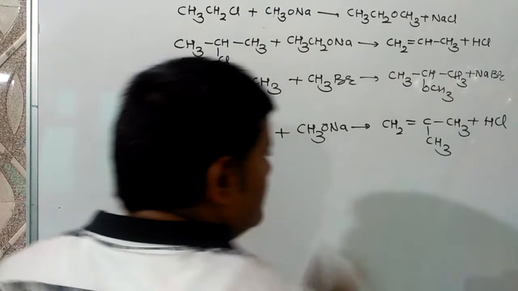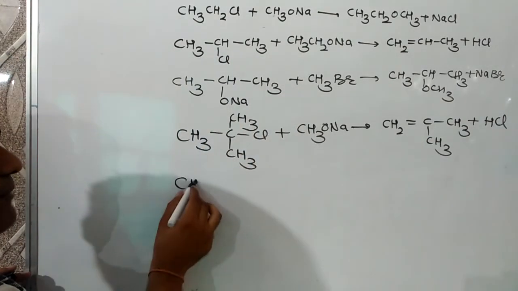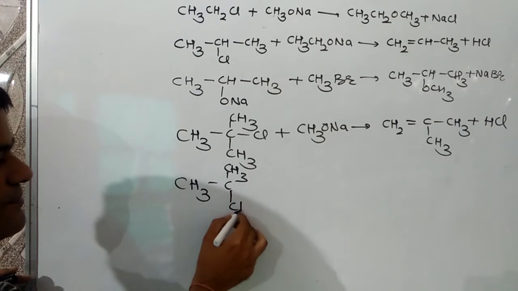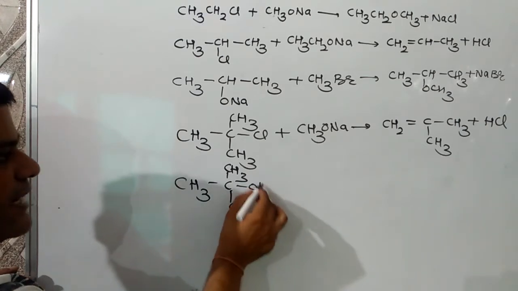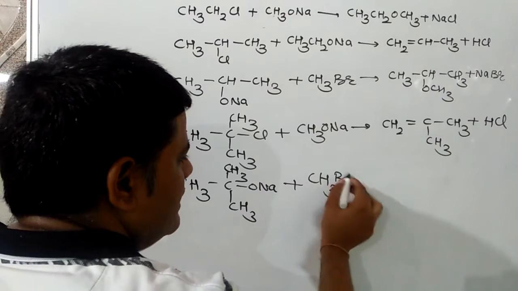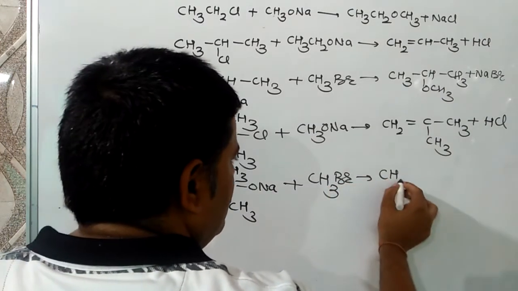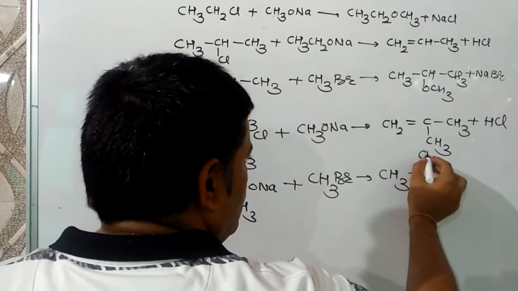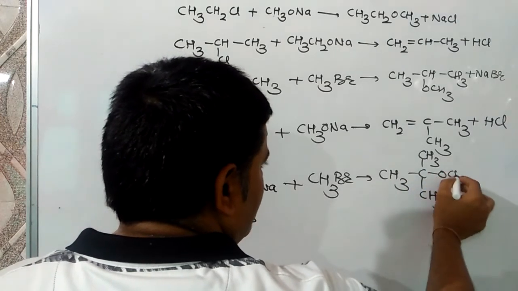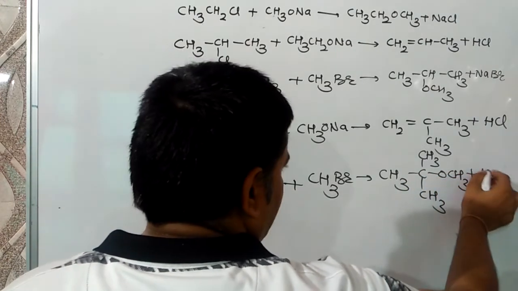HCl is removed. The last case is sodium tertiary butoxide reacting with CH3Br. What is the product? In this case, ether formation takes place, giving 2-methoxy-2-methylpropane.